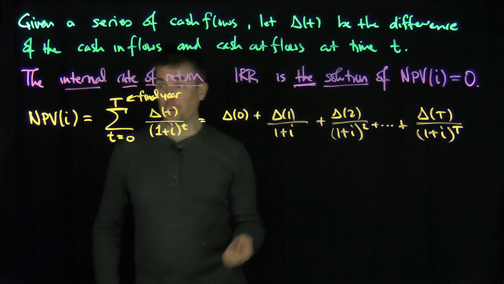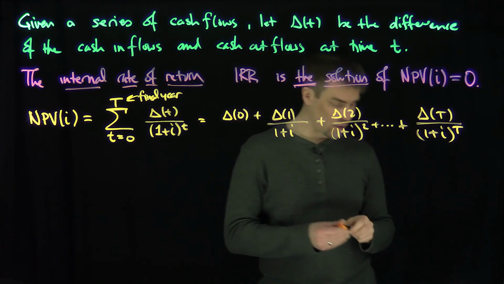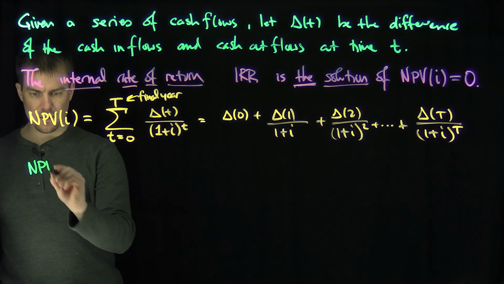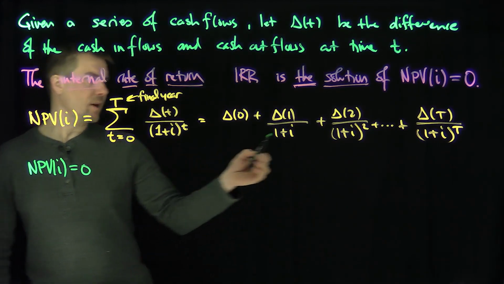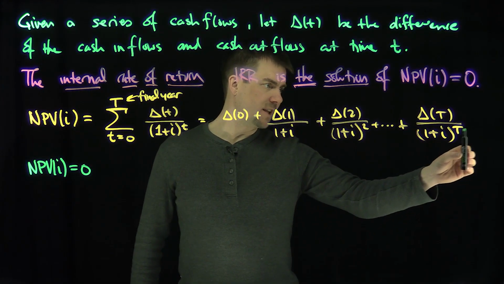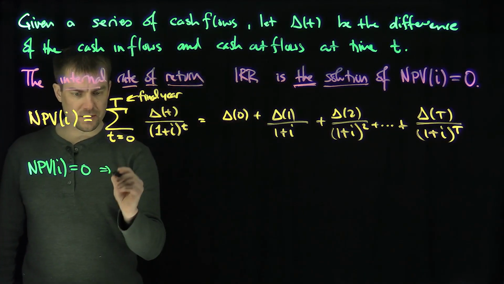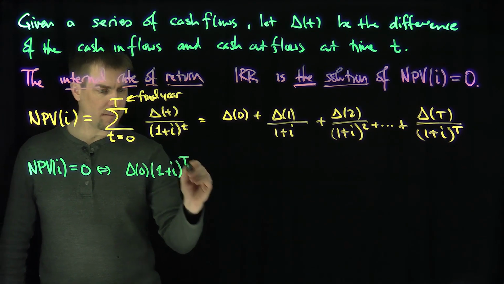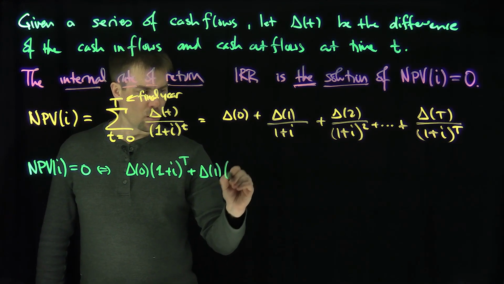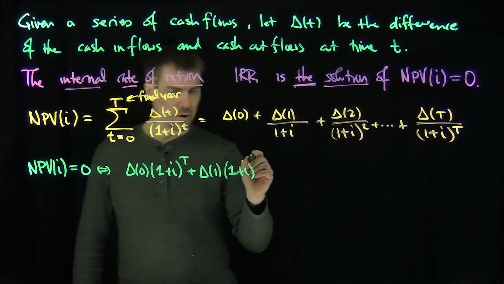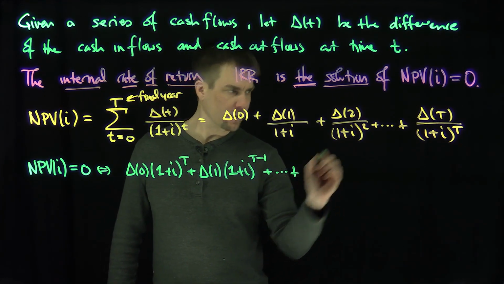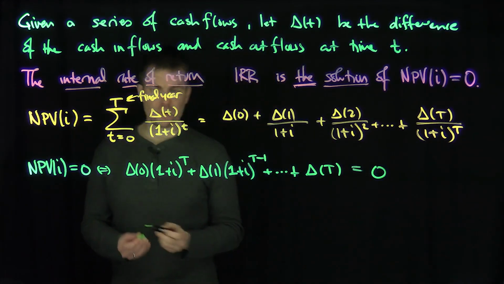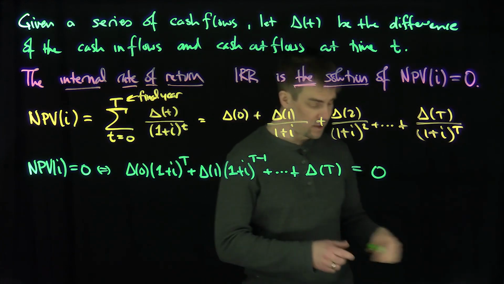If I want to set this equal to 0, we're going to have a polynomial equation. Setting NPV of I equals 0, I'm going to clear all the denominators by multiplying by 1 plus I to the power T, which is equivalent to saying delta 0 times (1 plus I) to the power T, plus delta 1 times (1 plus I) to the power T minus 1, all the way down to the last one, delta T, has to equal 0.